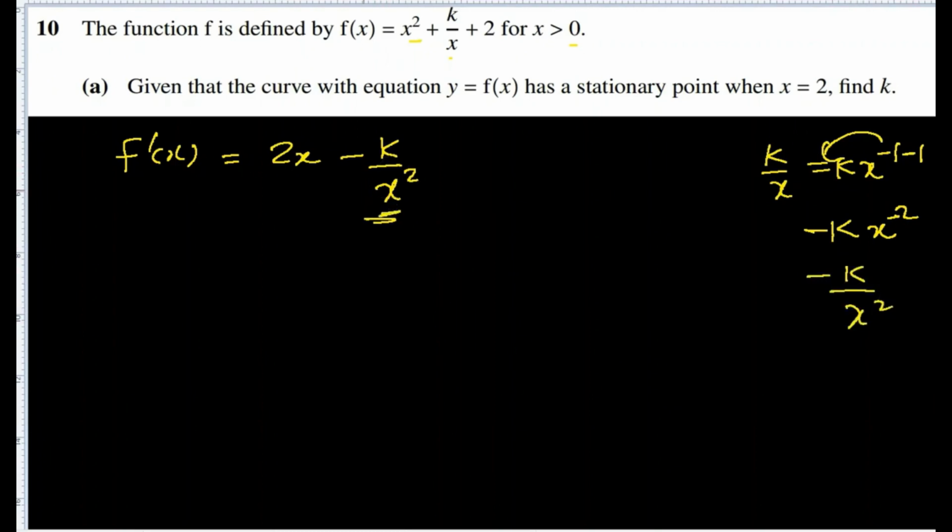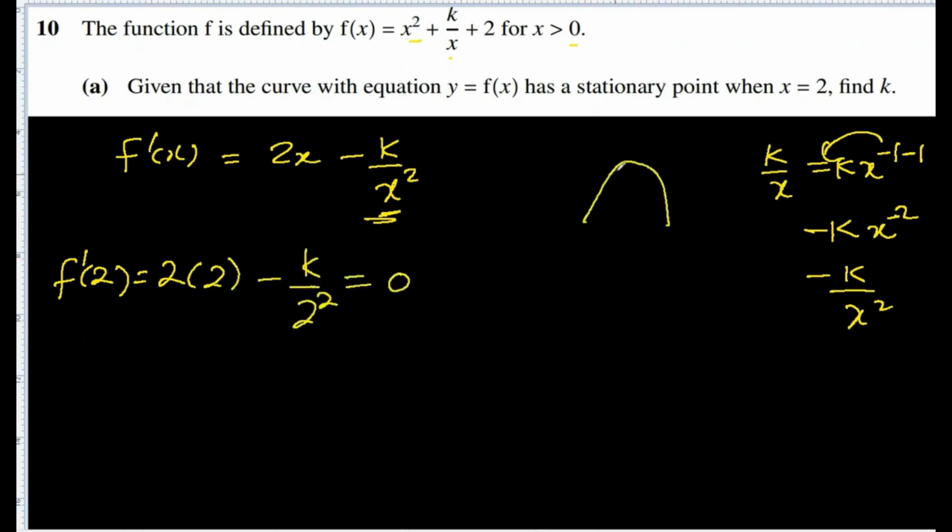Now they're saying that the stationary point is at x equal to 2. That means f prime 2, so we substitute each x by 2, 2 times 2 minus k over 2 square is equal to 0. At stationary points, wherever there is a turning point or a stationary point, the gradient of the tangent at that point is 0. So that's why we wrote it equal to 0.